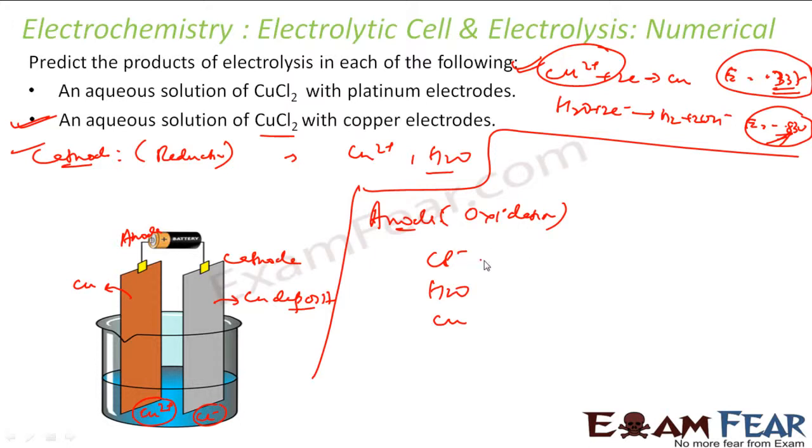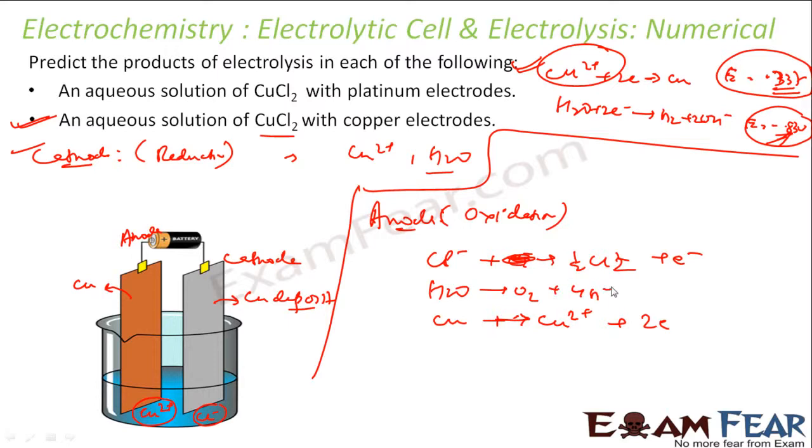So let me write the reaction for all. Cu becomes Cu2+. In fact, this will give electrons actually, plus 2 electrons. And water will also get oxidized. It will give oxygen plus 4H+ plus 4 electrons.